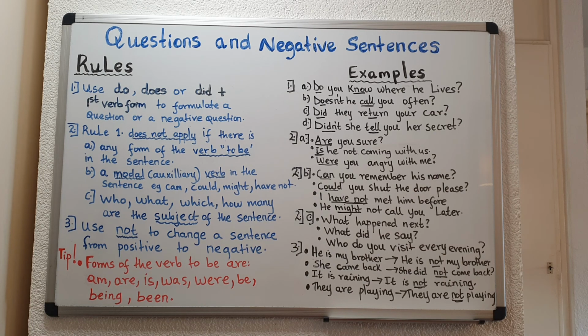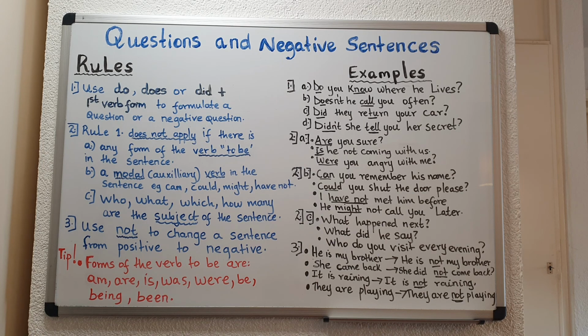Okay? So, if you want to change a sentence from negative to positive, then you remove the word not. Like for example, 1D. Didn't she tell you her secret? If I change that sentence to positive, I will just remove the word not, and it will be, did she tell you her secret?